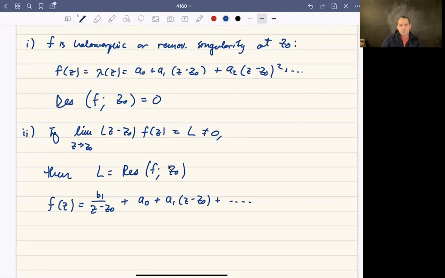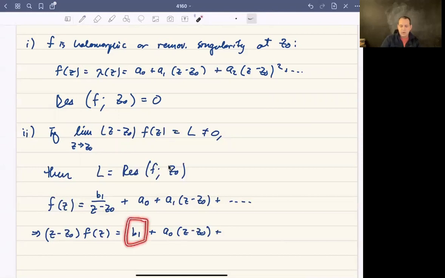And therefore, when you multiply by z minus z naught, if you look at (z minus z naught) times f, this is going to be b1 plus a0 times (z minus z naught) plus all the higher powers. And when you take the limit, if this limit exists but does not equal 0, what you're going to get is this term b1. So whatever this limit is, that's the residue. Okay, that's basically how this works.